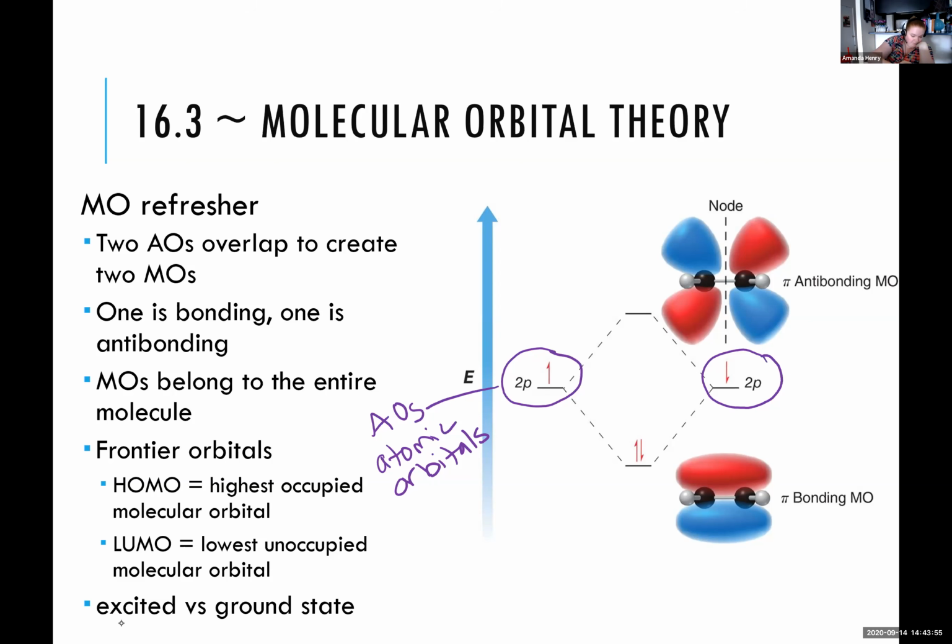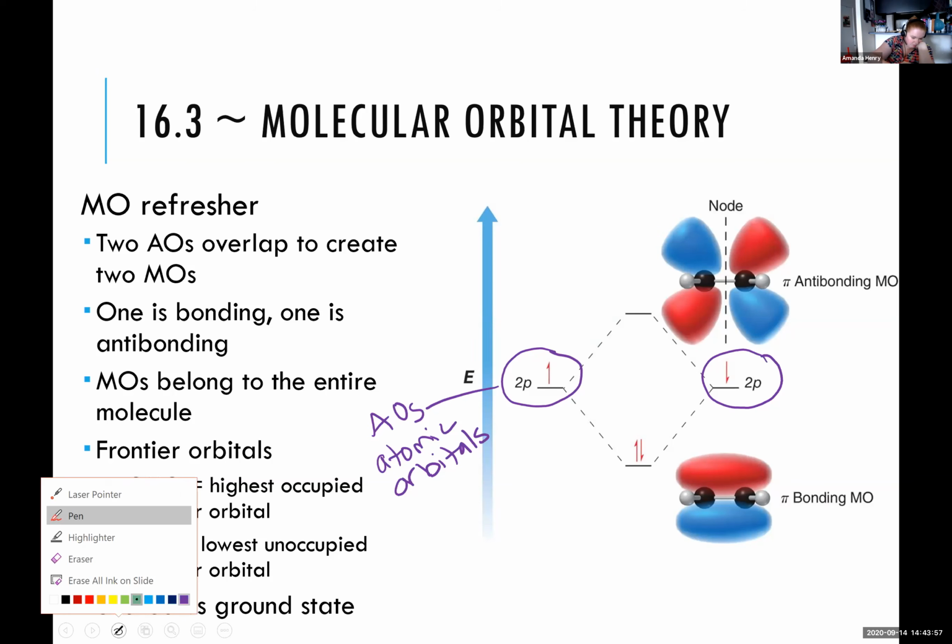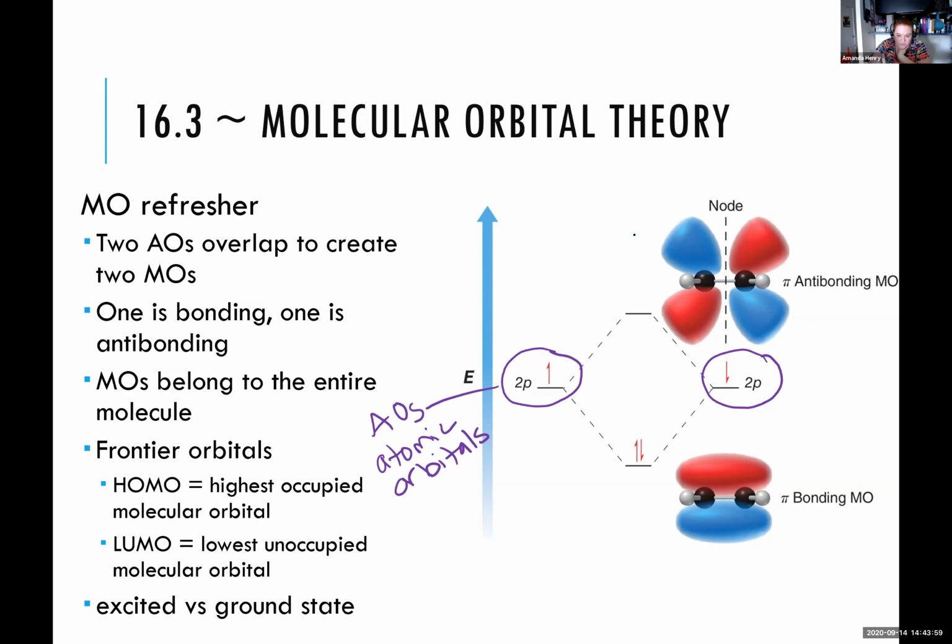In the middle, right down the middle here, these are the MOs, or the molecular orbitals. So these are representing the orbitals after the atoms have come together.